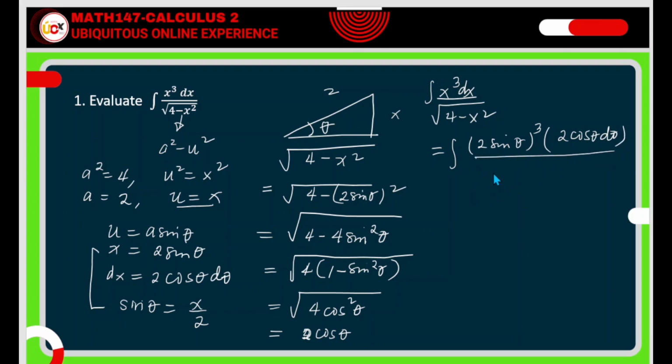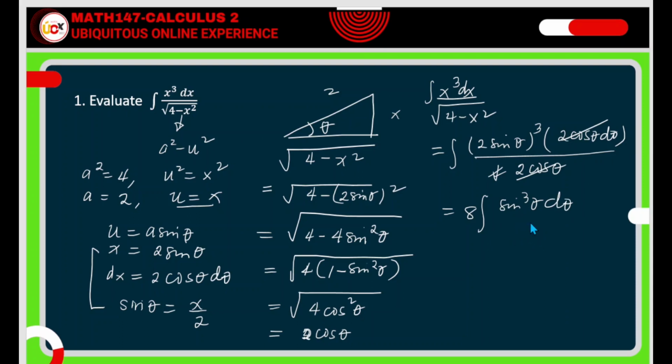Okay, divided by the square root of 4 minus x squared, which is equal to 2 cosine theta. Because this is common, we cancel this out. And then we take the cube of 2. So we have 8 times the integral of sine cube theta d theta.